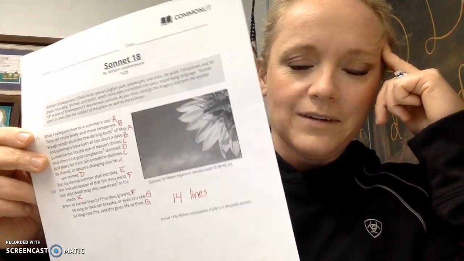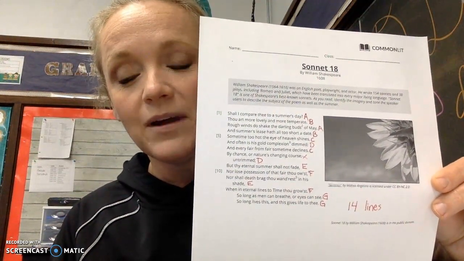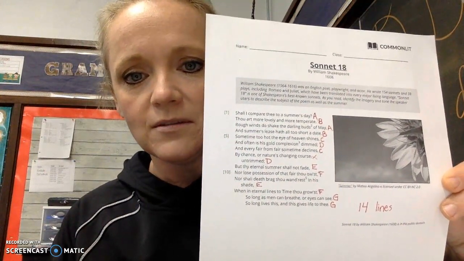And I also talked to them about the fact that sonnets are also special because they have a certain number of syllables in each line, and they follow iambic pentameter, which you'll learn more about when you get in high school. But it's a system of accented and unaccented syllables.